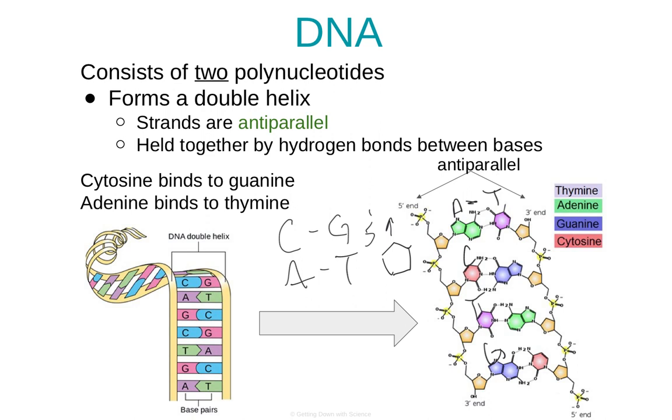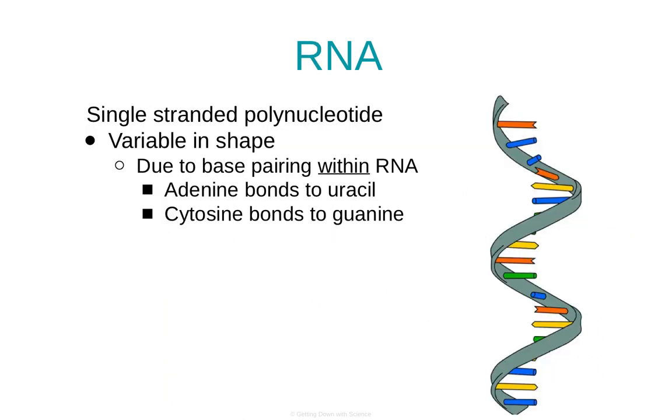If you look at the other side over here, the pentagon's pointing that way, and so it's starting at the 3' carbon and moving down towards the 5' carbon. And so strands of DNA are what we call anti-parallel.